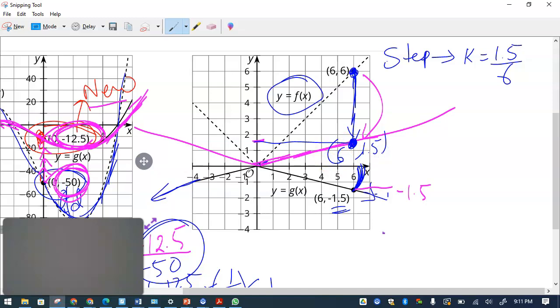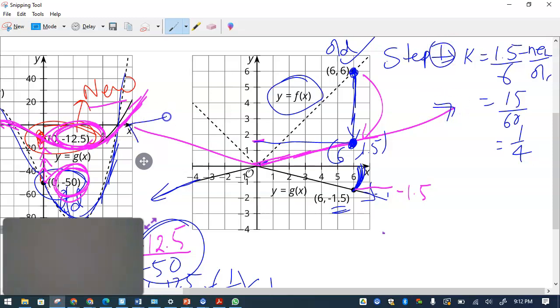So 1.5 divided by the old one, and the scale factor is the new divided by the old. If you do this, it is 1.5 over 6, multiply by 10 in numerator and denominator, you get 15 over 60, and you get 1/4. So basically step one is you first get this pink color, and that is 1/4 of f of x.